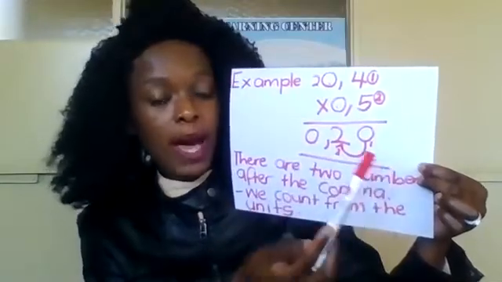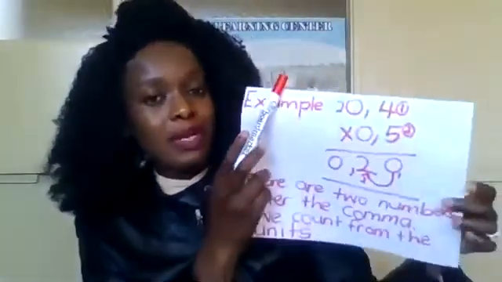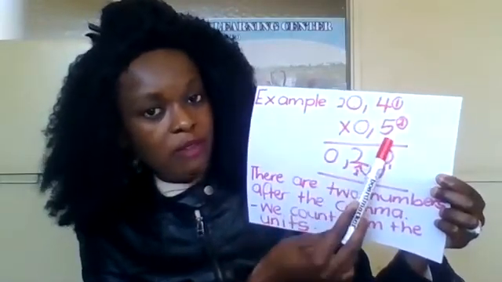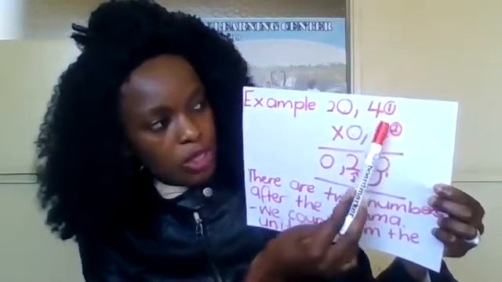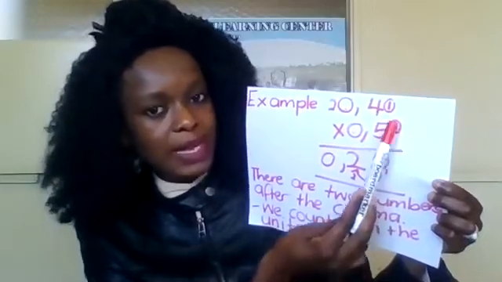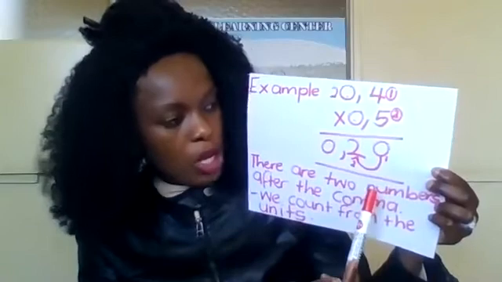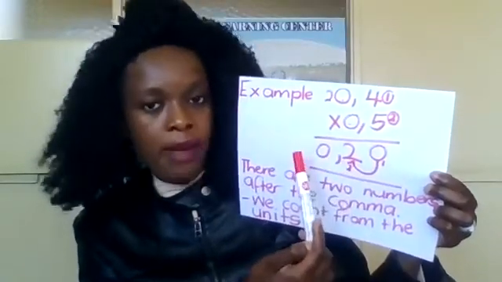We said we count the numbers after the comma. How many numbers are after the comma? This is one number, and there is another number there, so we have 1, 2. That's why I've written my 1 there and my 2 there, which means there are 2 numbers after the comma. When you come down here, you count 1, 2 numbers, then your comma and your 0.